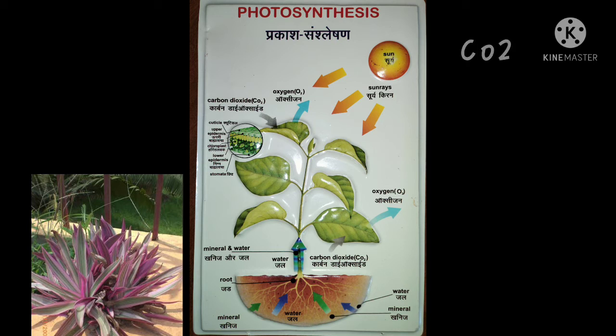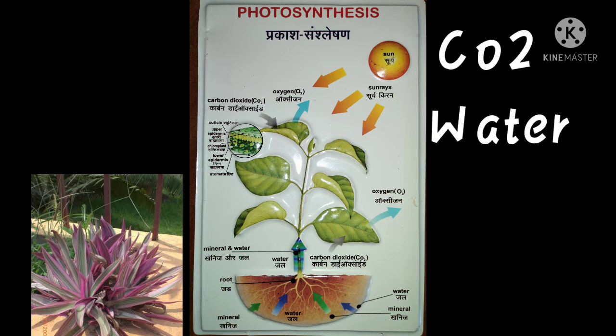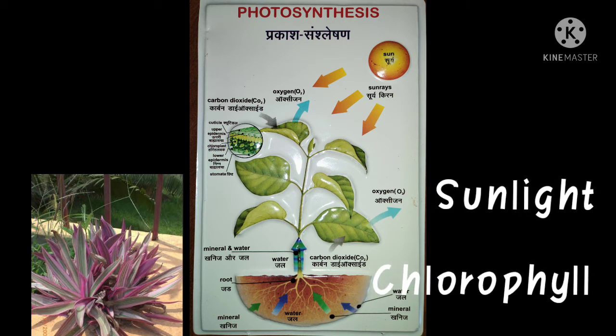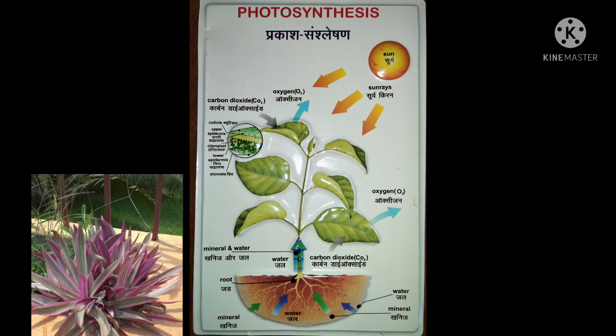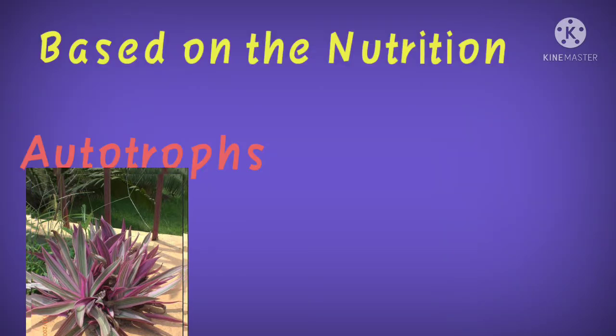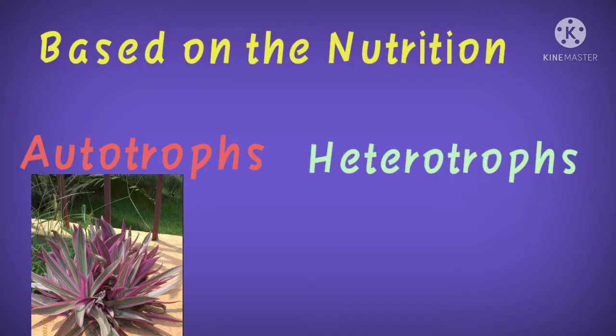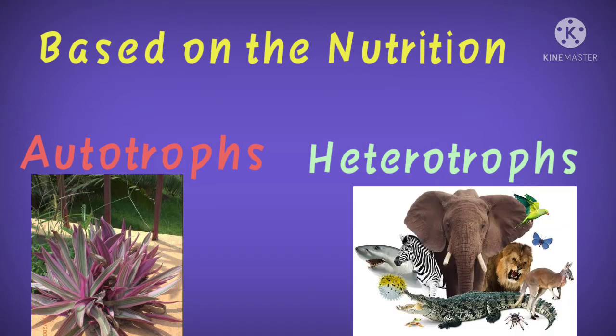They are CO2, water, sunlight and chlorophyll. So this process is called photosynthesis. So autotrophs are plants. Now heterotrophs. Heterotrophs are dependent for their needs on other organisms like plants, animals, etc. For example, animals and human beings. So these do not prepare their food on their own.